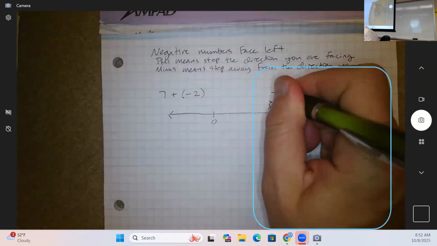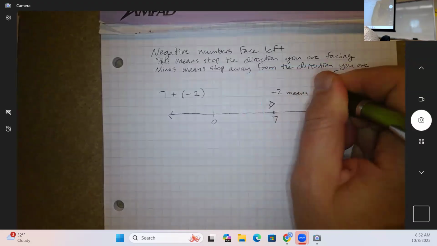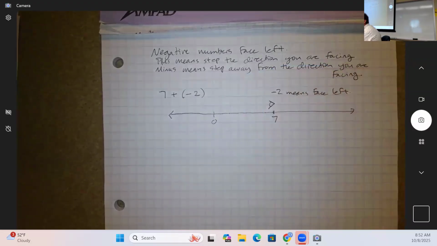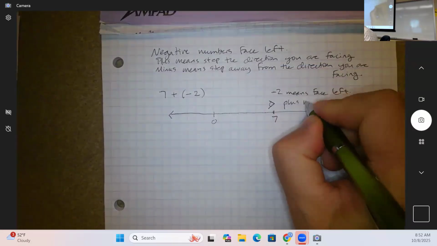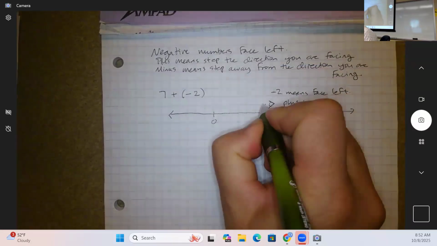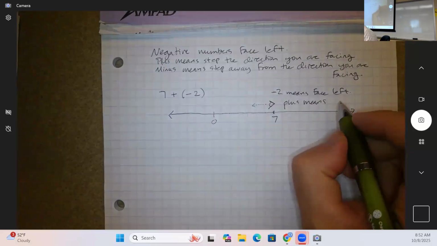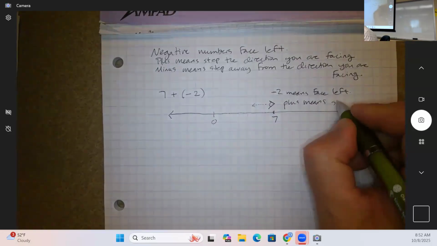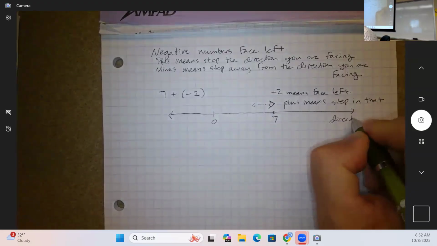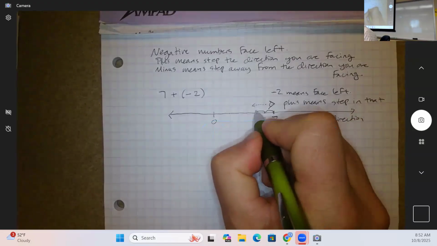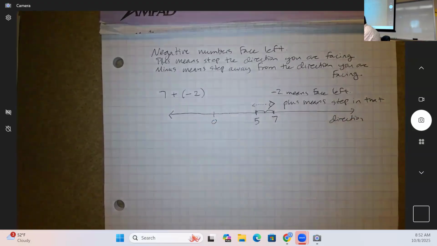I'm facing this way. -2 means face left. It's cool if backwards works for you. But I'm adding. I'm facing left, but since I add, it means I step the direction I'm facing. So I'm going to step 1, 2 steps in the direction I'm facing, and I end up at 5. 7 plus -2 is 5.